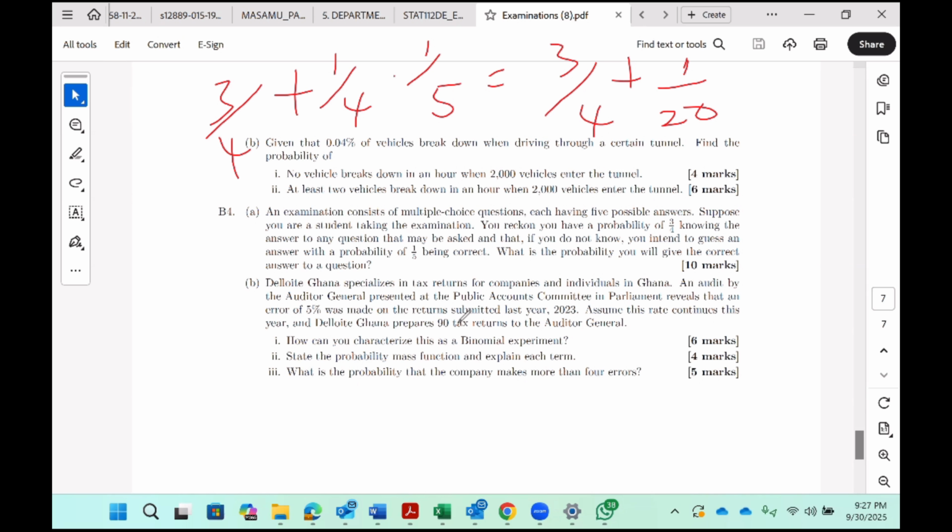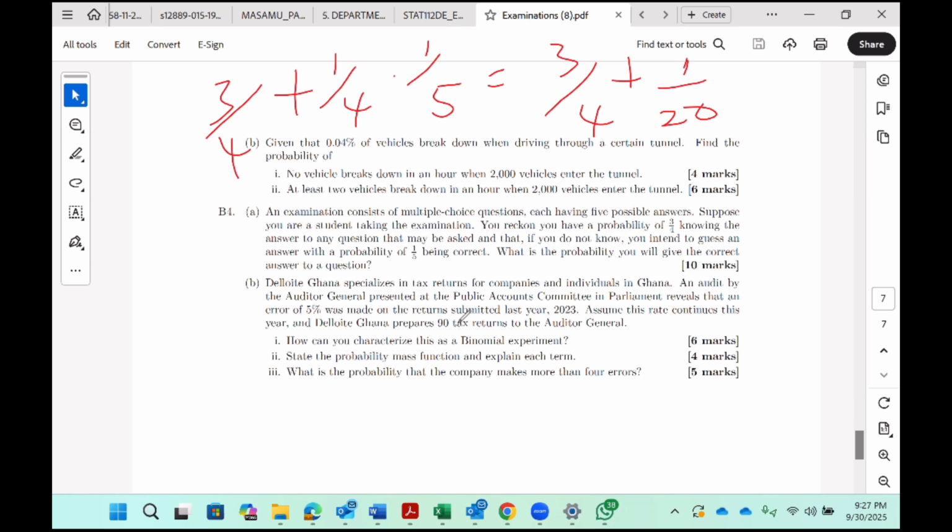The values we take are 0, 1, 2, 3, up to 90, as the number of possible returns that will exhibit an error. Then 2, state the probability mass function and explain each term. So the first one, you only state those conditions for a binomial experiment. Then you now state the probability mass function.